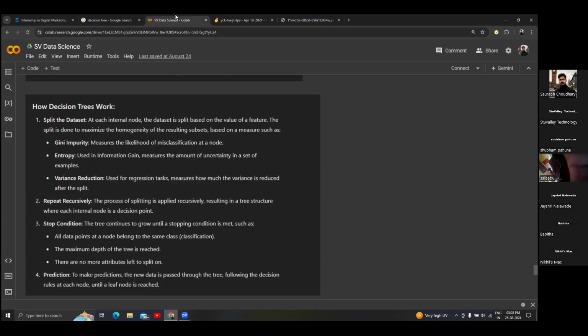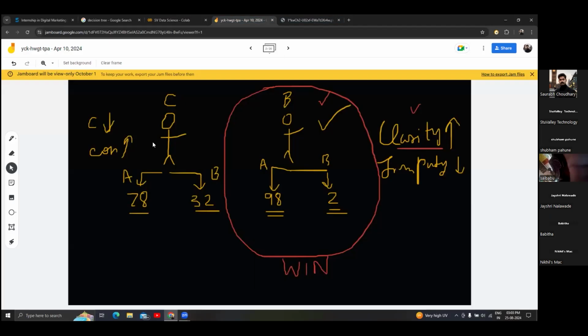See, for Gini impurity, I have one example here. You can see that this is a particular party B and this is a particular party C. This party is saying that whenever we win, I will pass this bill in the government.